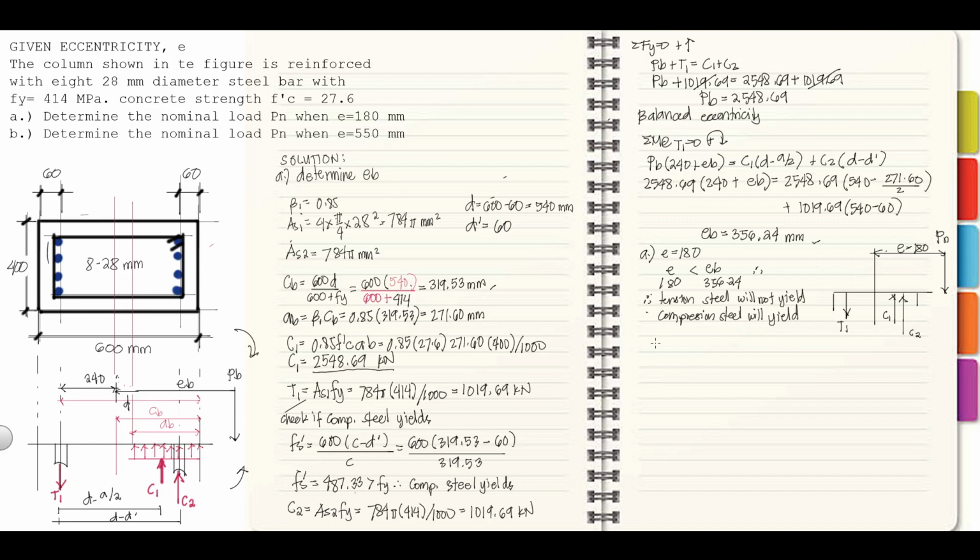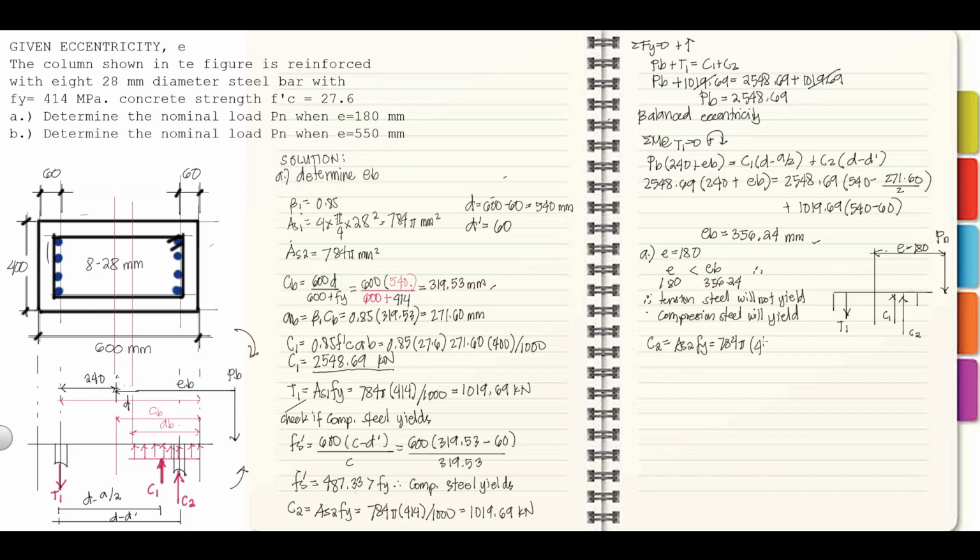Okay? So, una natin kukunin, yung compression steel will yield. Okay? So, for C2, okay, for C2, that is equal to AS2 FY. Right? AS2 FY. So, therefore, ang AS2 natin is 784 pi.